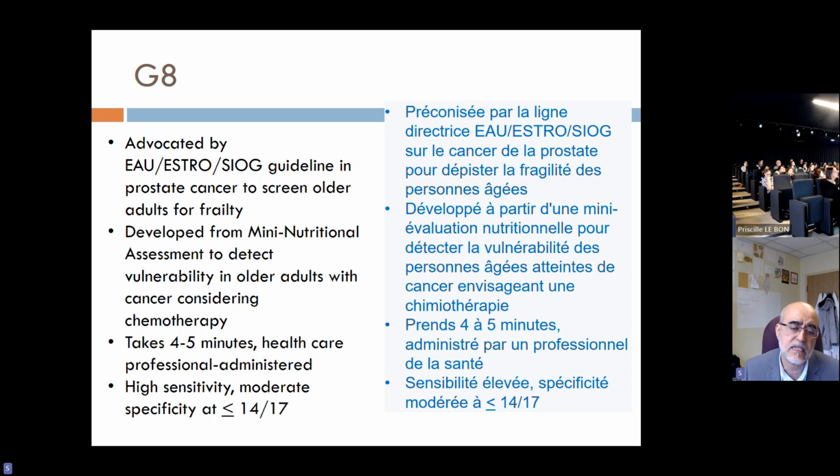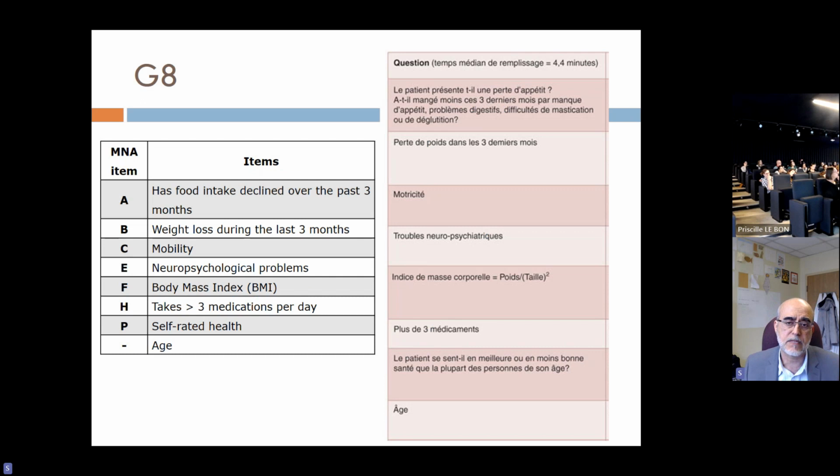And it has high sensitivity, 77 to 90%, of picking up people who would benefit from a full geriatric assessment or who are frail, but the specificity is more moderate in the 60 to 75% range, with a score of 14 or lower being considered abnormal.